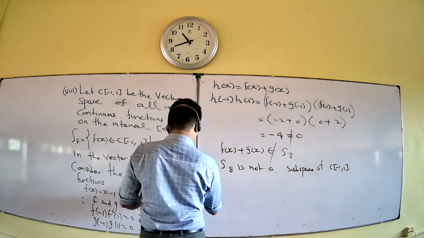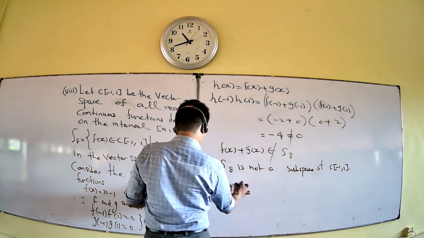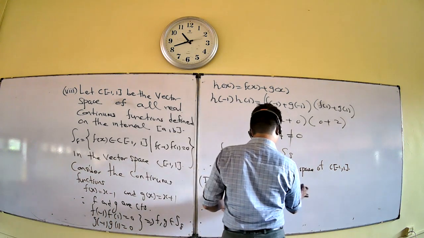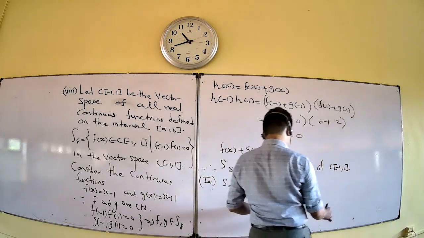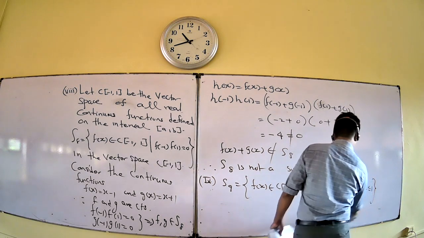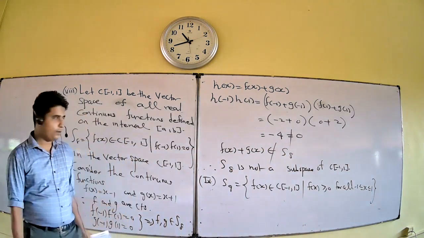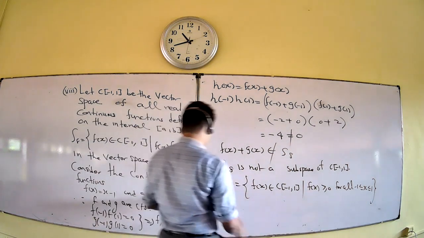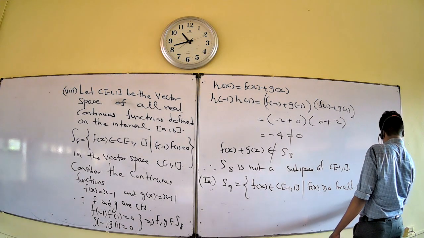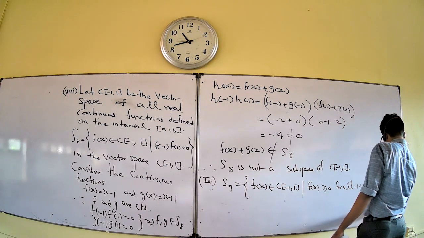Next one, question number 9. S9 is the set of f of x belonging to C minus 1 plus 1 with f of x greater than or equal to 0 for all x with minus 1 less than or equal to x less than or equal to 1. We want to show that S9 also is not a vector space, in the vector space C minus 1 plus 1.